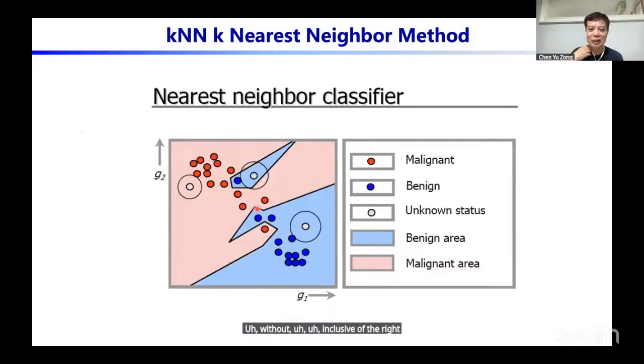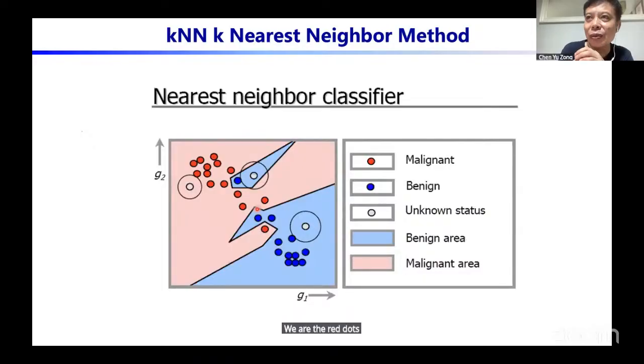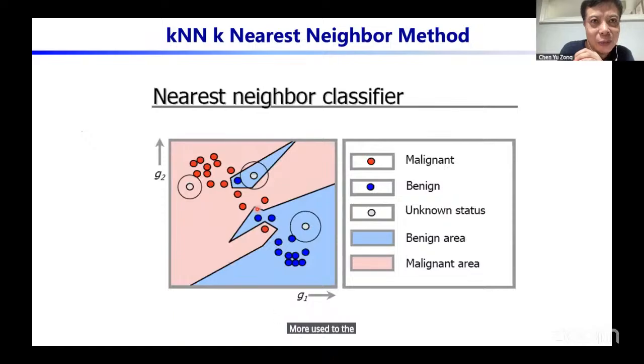Okay. In this case, we can imagine that if we are red dots in the pink zone, we should expect that within the zone we can more easily find our red dots of the same class, our friends, rather than our opposition, right?